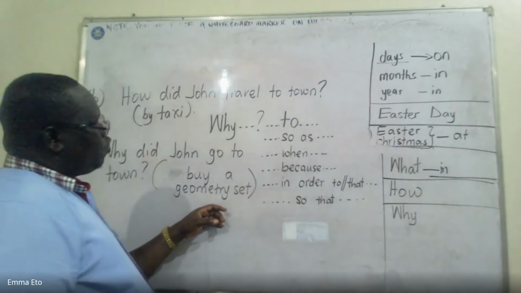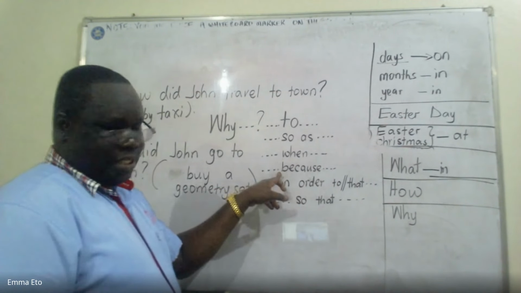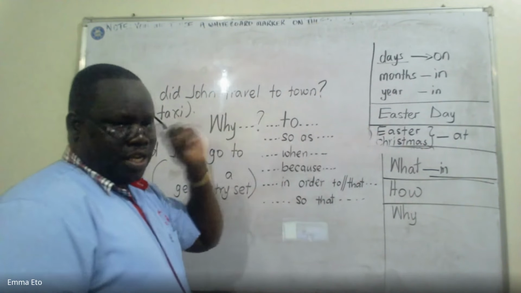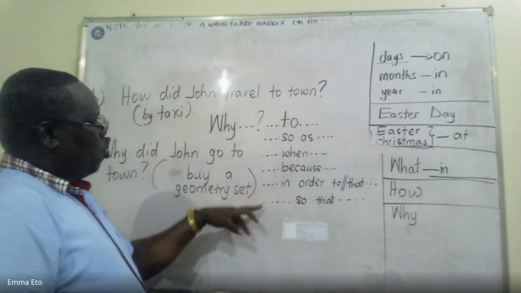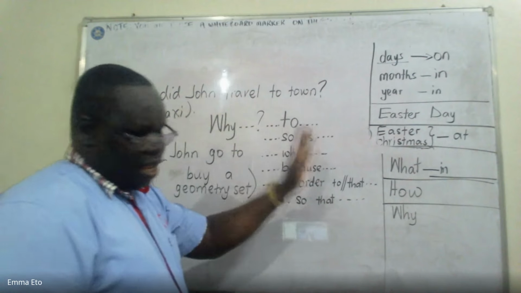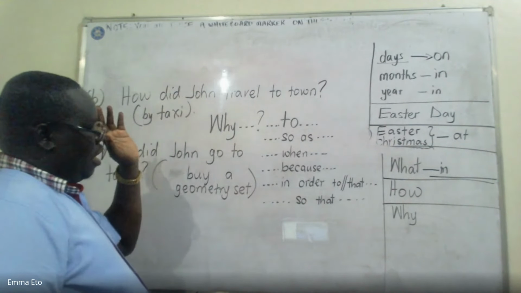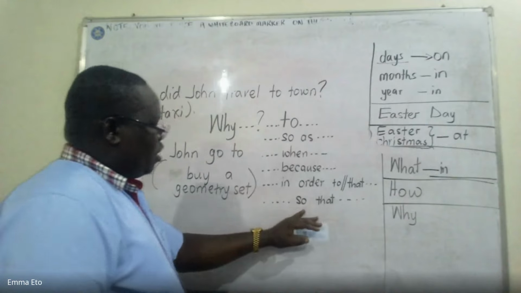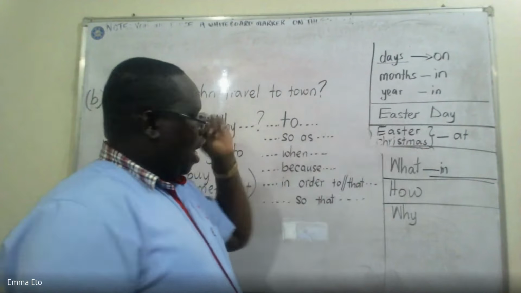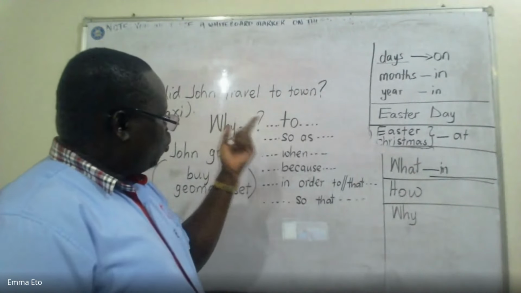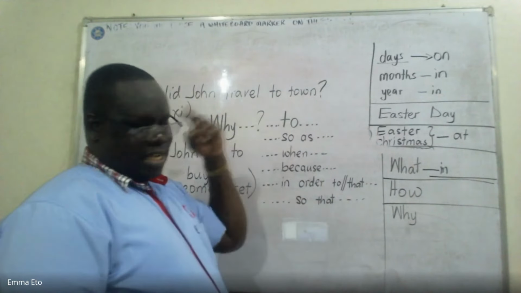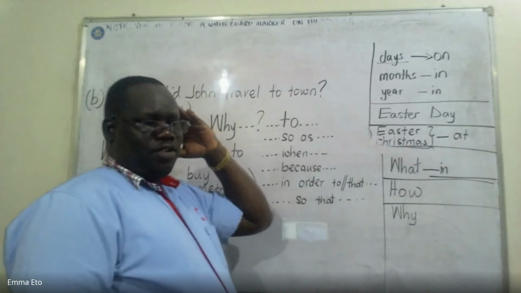John went to town because he wanted to buy a geometry set. John went to town in order to buy a geometry set. John went to town so that he could buy a geometry set. John went to town in order that he could buy a geometry set.